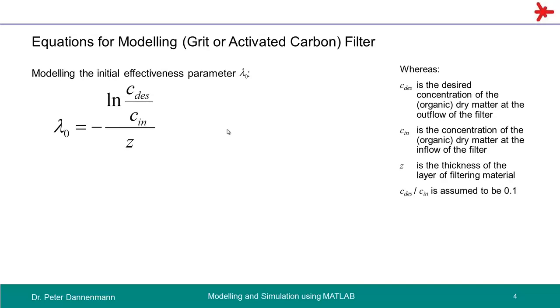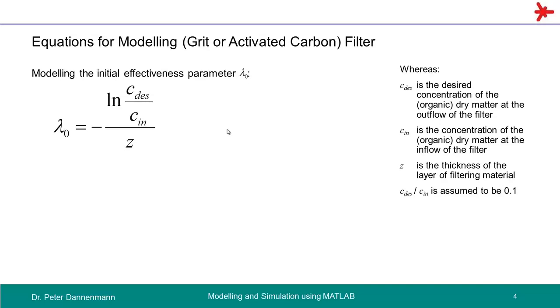In our example, we assume that our filter can initially filter out 90% of the matter contained in the water. That is, the ratio between the desired concentration of the inorganic or organic dry matter at the outflow of the filter and the concentration of the matter at the inflow is 0.1.